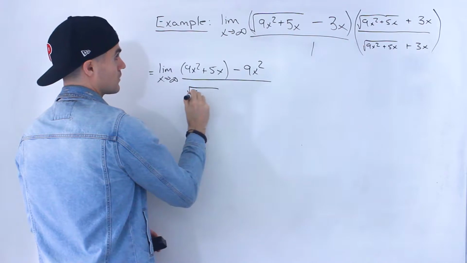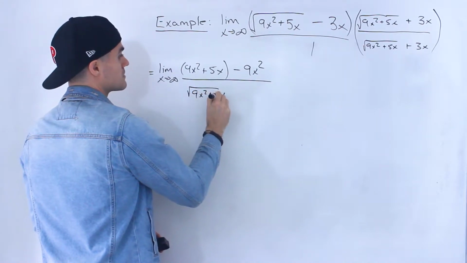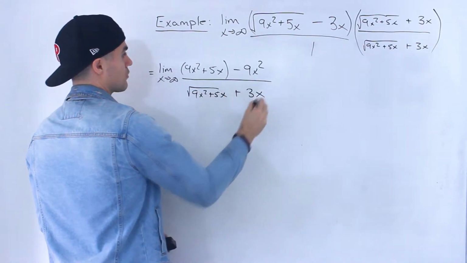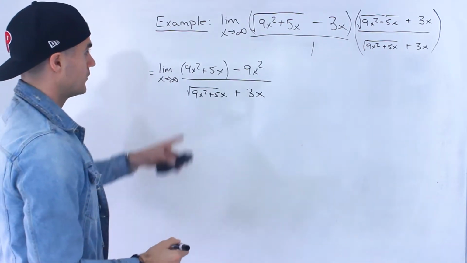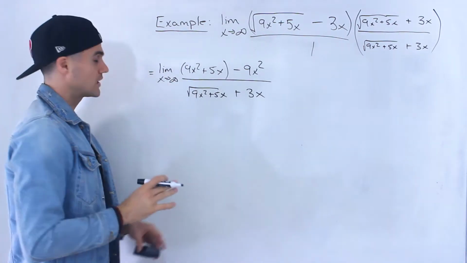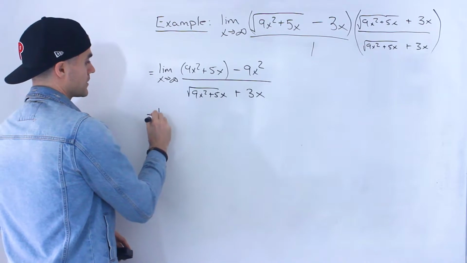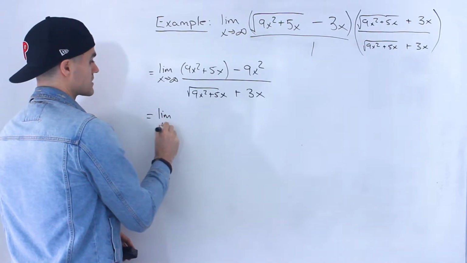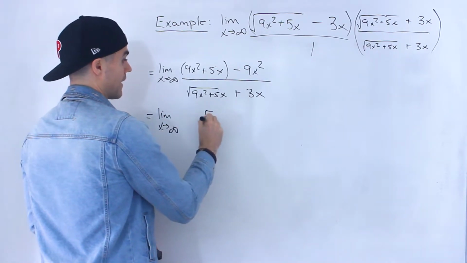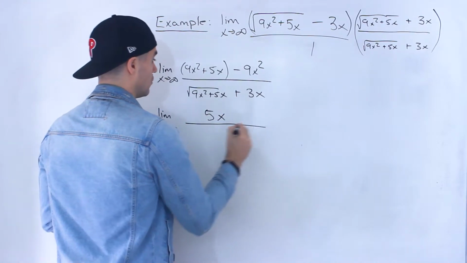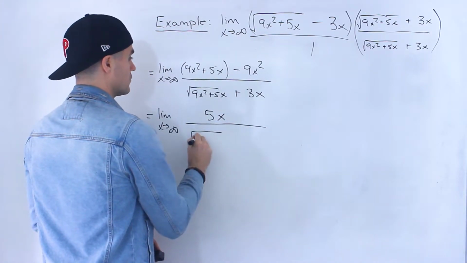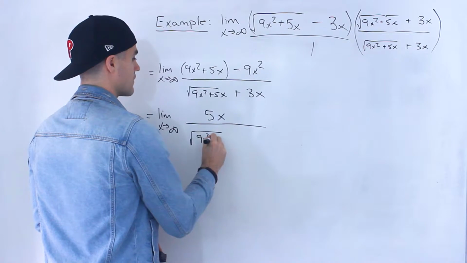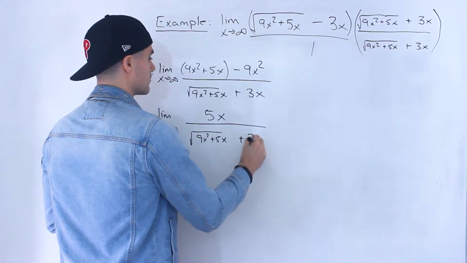So we're going to have the square root of 9x squared plus 5x plus 3x. Now notice in the numerator, the 9x squareds are going to cancel out. So what's going to happen is we're going to have the limit as x approaches infinity of 5x all over the square root of 9x squared plus 5x plus 3x.